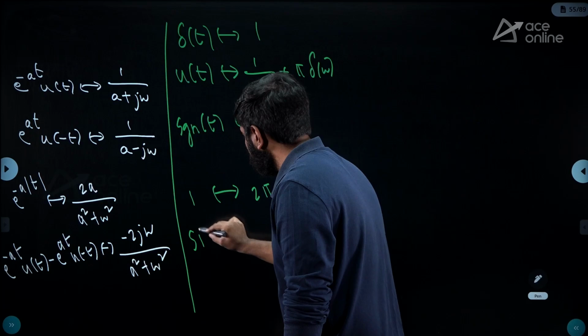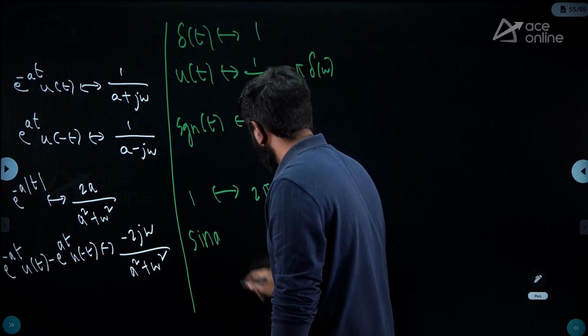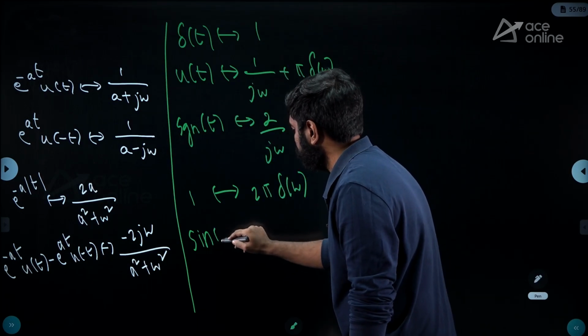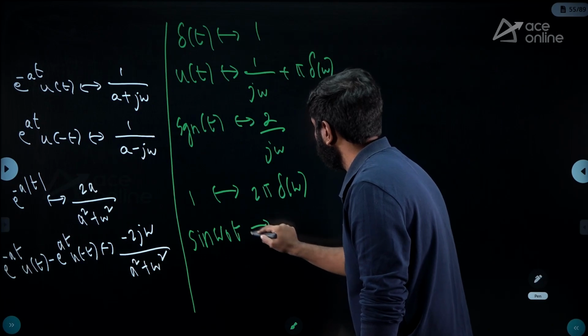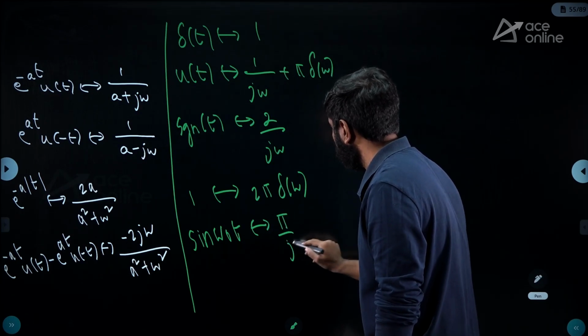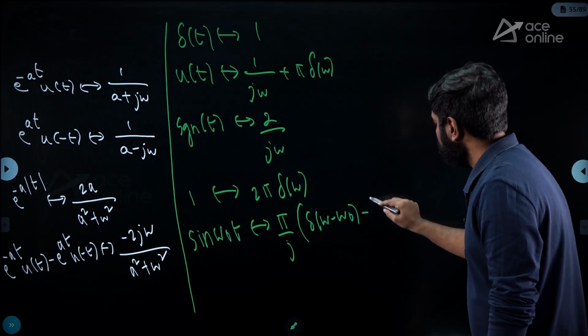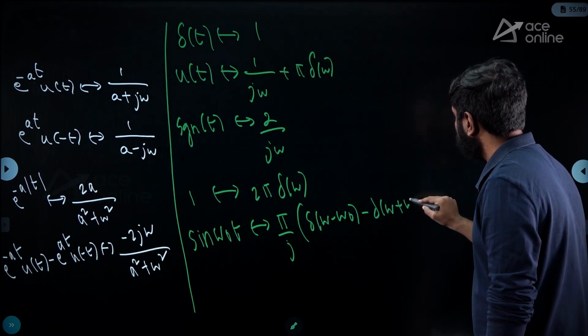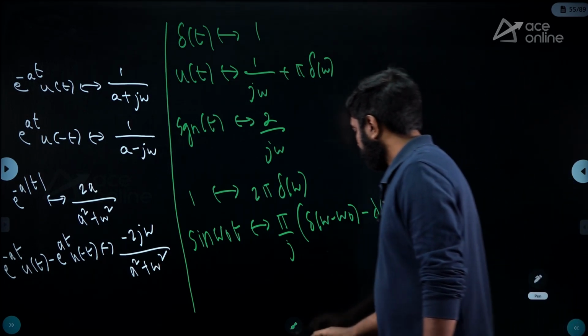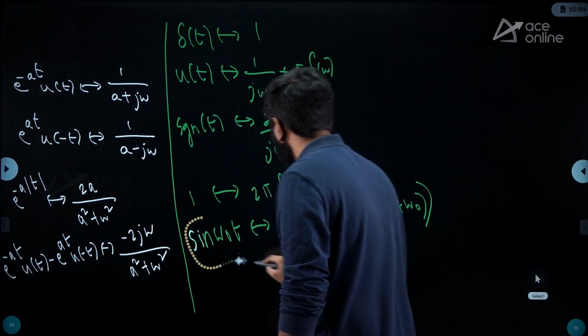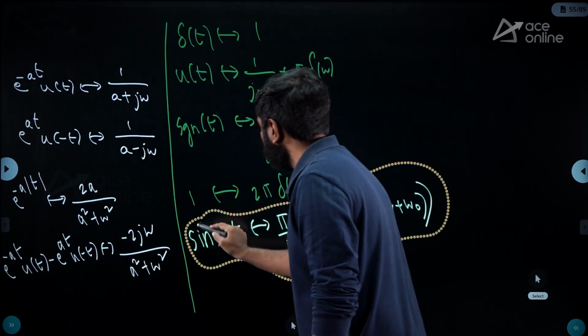Let us learn about sine omega naught t, whose Fourier transform is pi by j times delta of omega minus omega naught minus delta of omega plus omega naught. This is very useful. You have to memorize all these formulas.